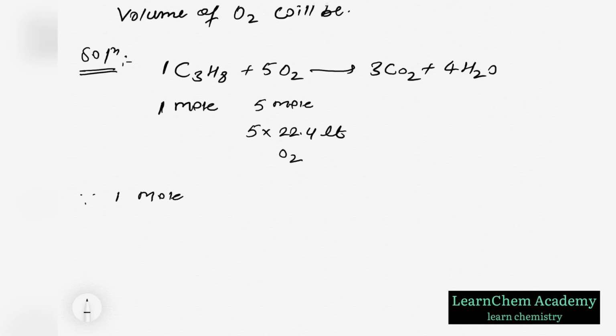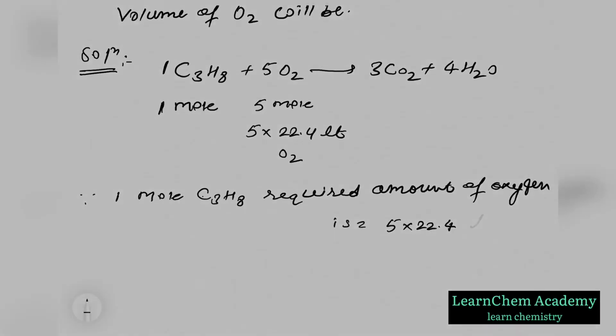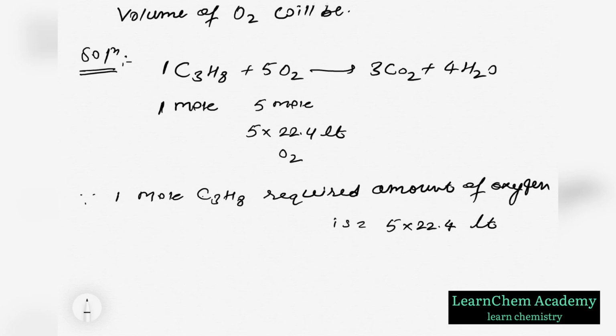So we can write it in this way: for 1 mole of propane, the required amount of oxygen is 5 into 22.4 liter.